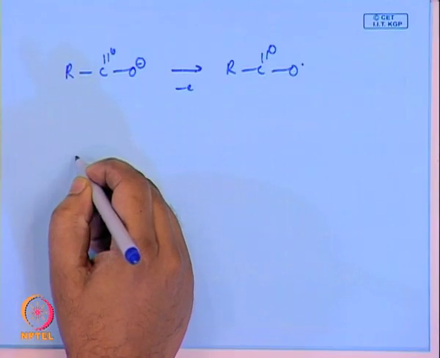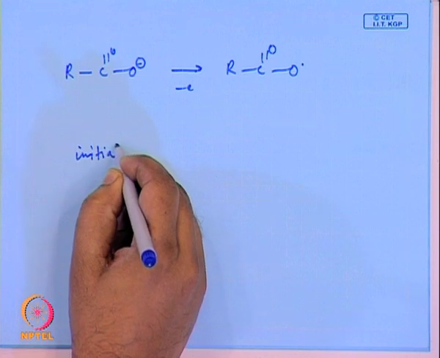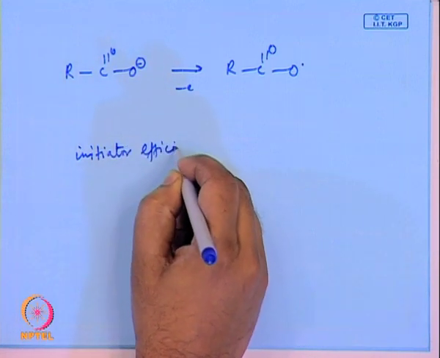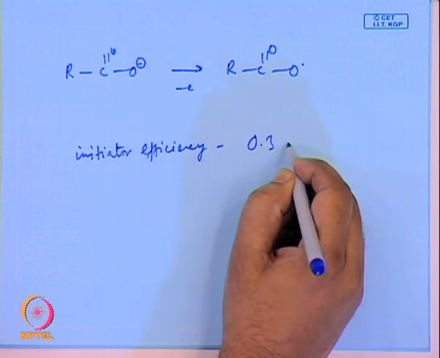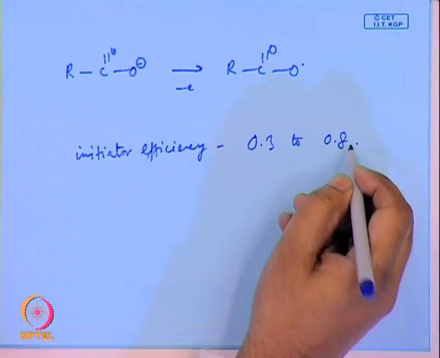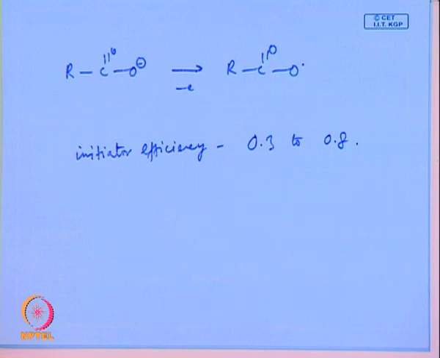The fraction of the radicals generated during this process which start the initiation reaction is termed the initiator efficiency, and typically the initiator efficiencies lie around say 0.3 to 0.8, which means that among all the radicals which are generated, around 30% to 80% actually initiate chain polymers.